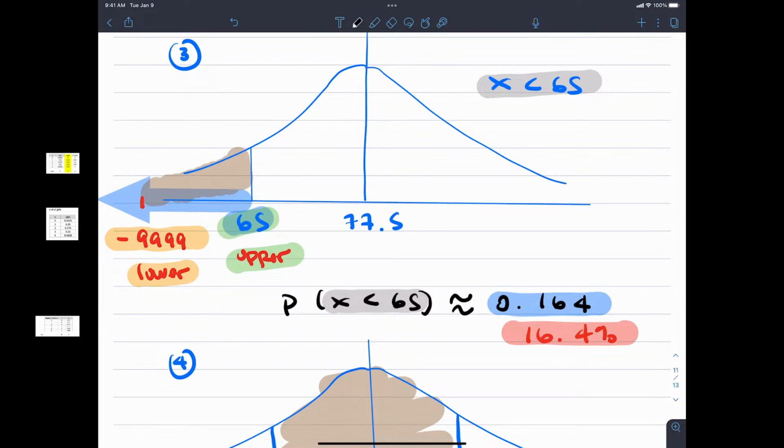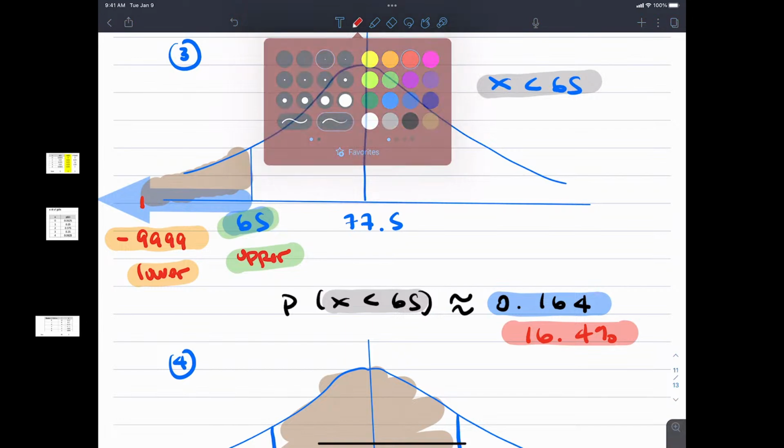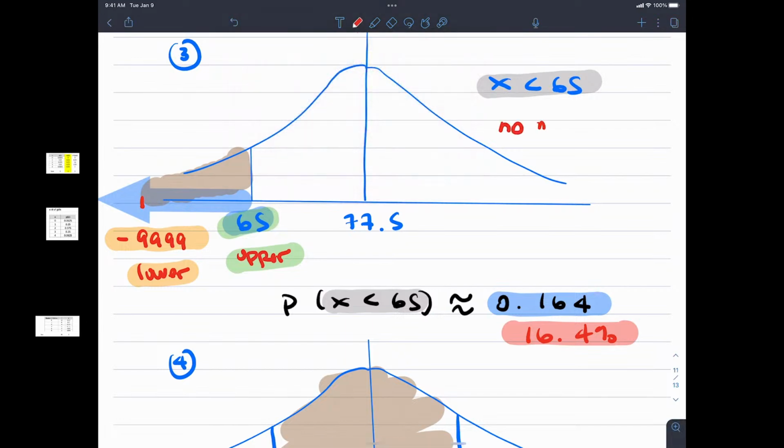What if they said no more than 65? I'm going to write that down. If they said no more than 65, that's X is less than or equal to 65. It's actually going to be the same picture. And you say, well, in one case you include 65 and in the other case you don't.